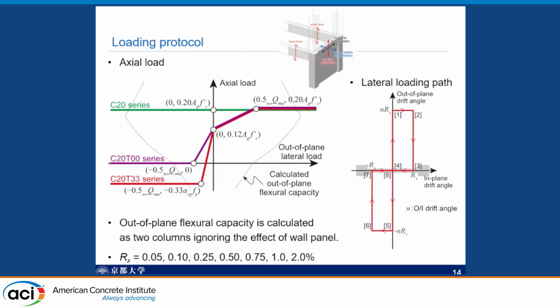And then after unloading the out-of-plane load, we unload the in-plane load. And then we go this way, and this way, and this way, and go back to the origin. So we call this the figure-of-8 schematic loading path. There are some ways to apply this type of bidirectional loading, but we chose this type of loading path.